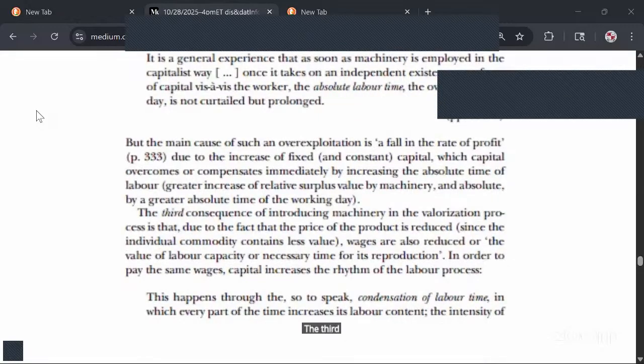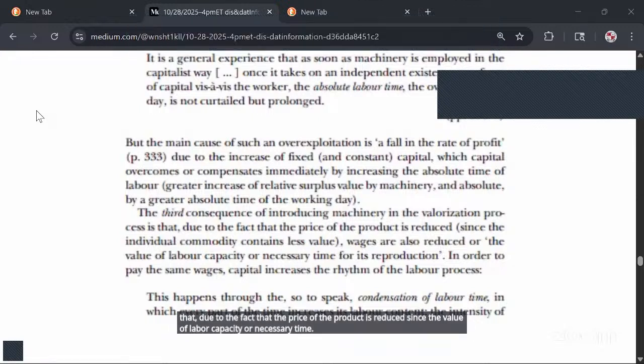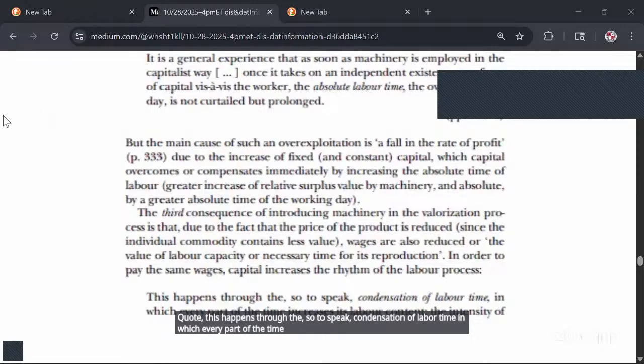The third consequence of introducing machinery in the valorization process is that due to the fact that the price of the product is reduced, since the value of labor capacity or necessary time for its reproduction, in order to pay the same wages, capital increases the rhythm of the labor process. Quote, this happens through the, so to speak, condensation of labor time, in which every part of the time increases its labor content.